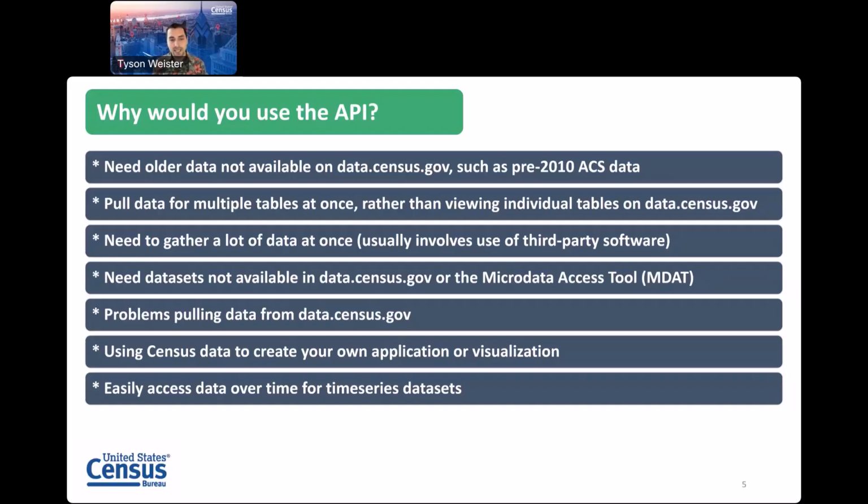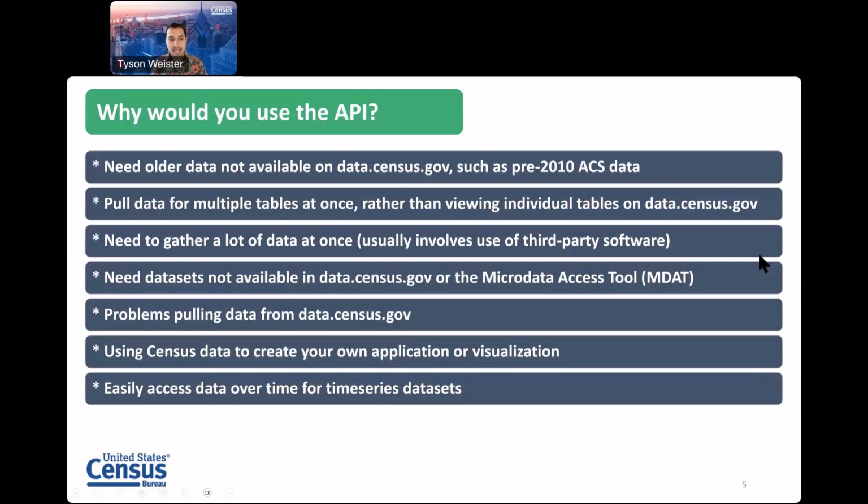You can specify your individual variables of interest. They can even come from different tables across a particular data set, and you get that returned to you without having to download multiple tables, comb through the results, and pinpoint just those little variables that you need from each individual table.